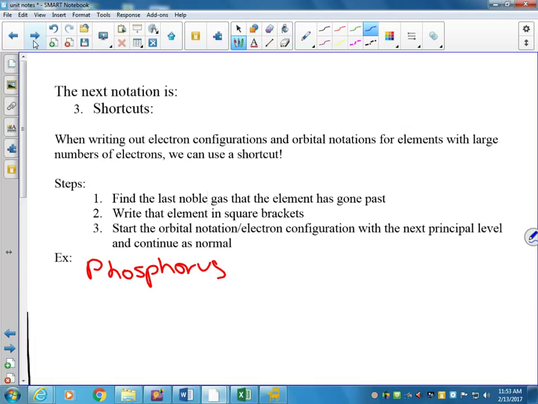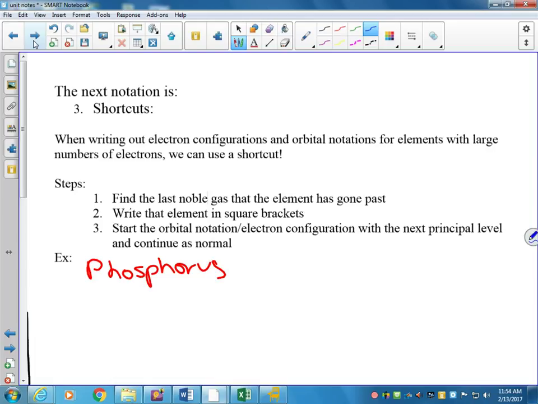So, basically, to the full row on the periodic table. When writing out electron configurations and orbital notations for elements with large numbers of electrons, we can use a shortcut. This shortcut is to look for the last noble gas.